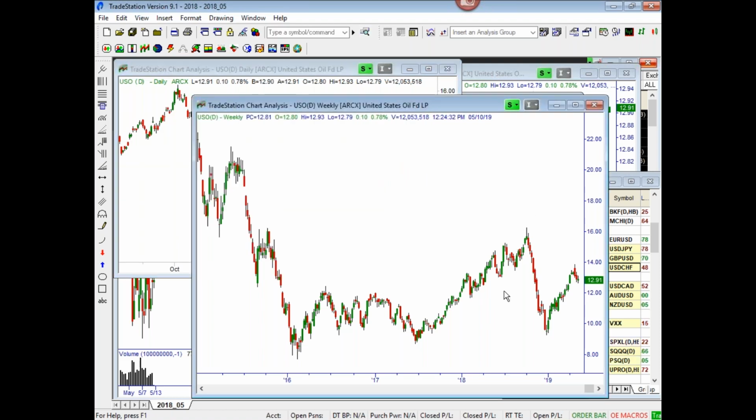We don't have a core pattern here, but the way it's kind of forming into a wedge here has more room to pull up on this daily chart. You're probably going to be in a trading range here towards the end, going into the end of the year, but it can still pull up higher within that range.